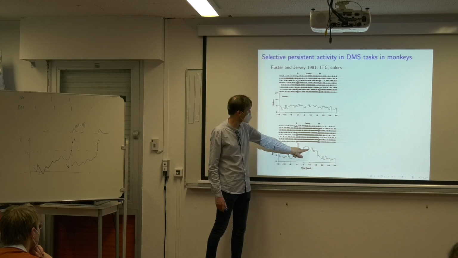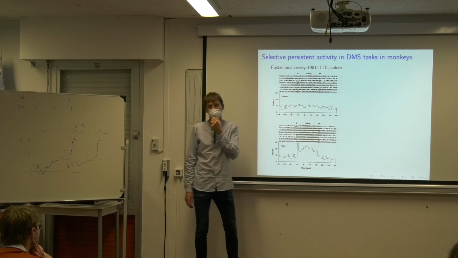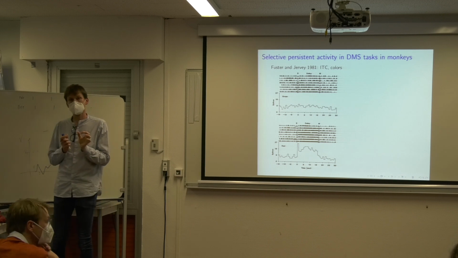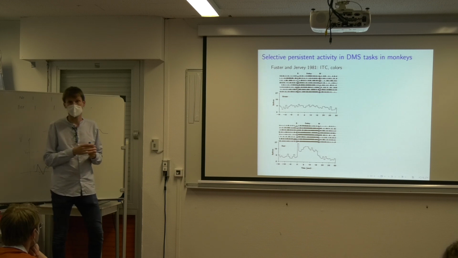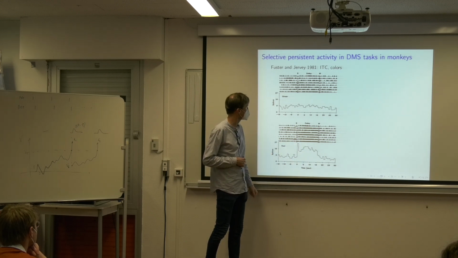And then it maintains a high firing rate for almost 20 seconds. So for a neuron, 20 seconds is like forever. The basic time constants of neurons are like in the tens of milliseconds. Okay? So this is a really long time scale that maintains this firing.